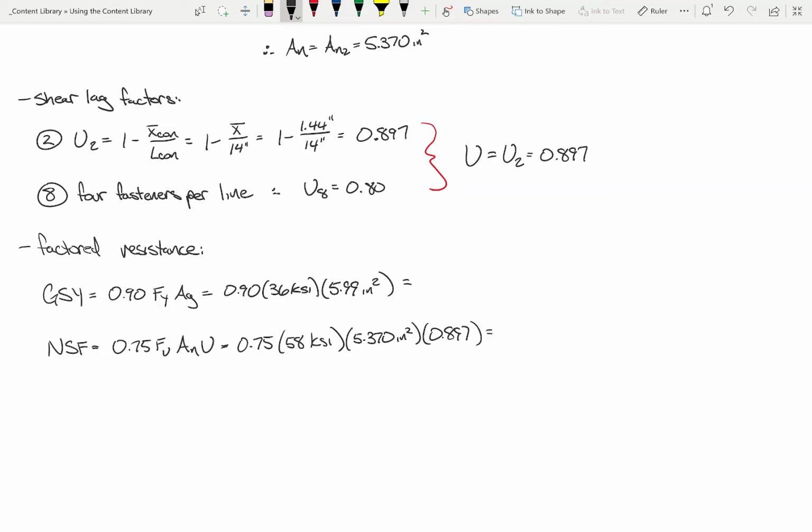Okay. Let's just do like 2 decimal places for these. So anybody got a gross section yielding value? 194.08 kips, right? And what about net section fracture?